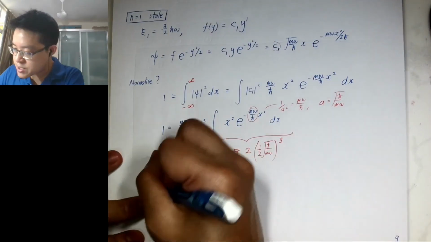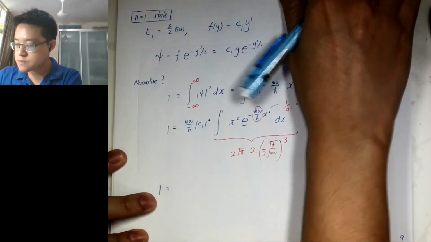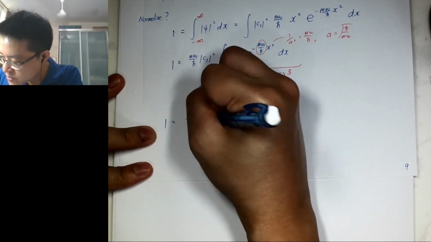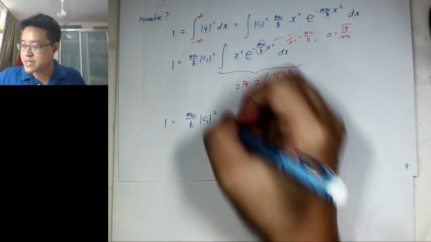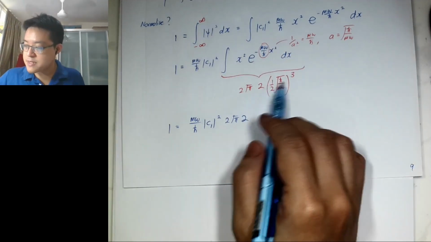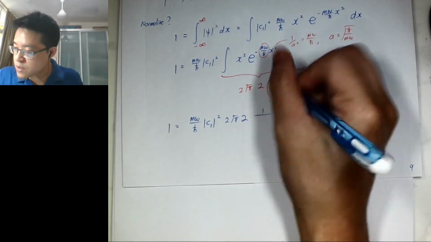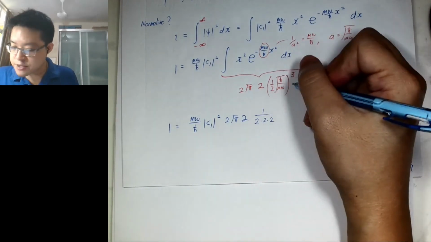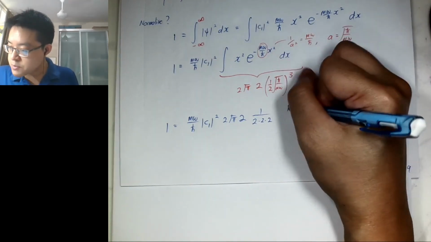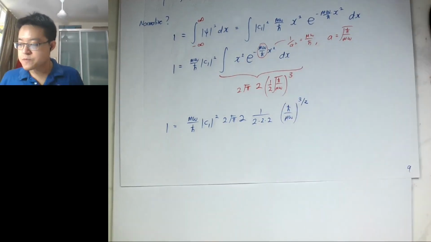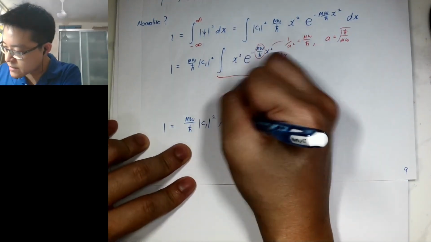So this equation tells me that 1 is equal to, I also must be careful. I'm also not good at doing this calculation. I need to check many times before finding mistakes. But at least this part is here. Then 1 over 2 to the power 3, so it's just 2 times 2 times 2. And then h bar over m omega, square root, and then to the power 3, so it's to the power of 3 over 2, right? So we can cancel 2 of these.